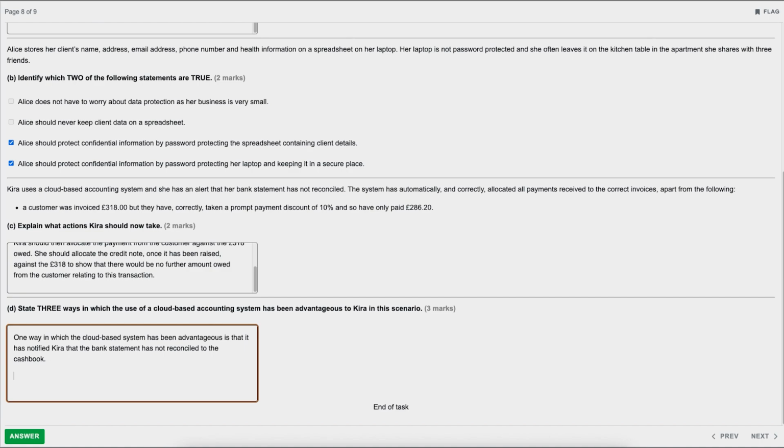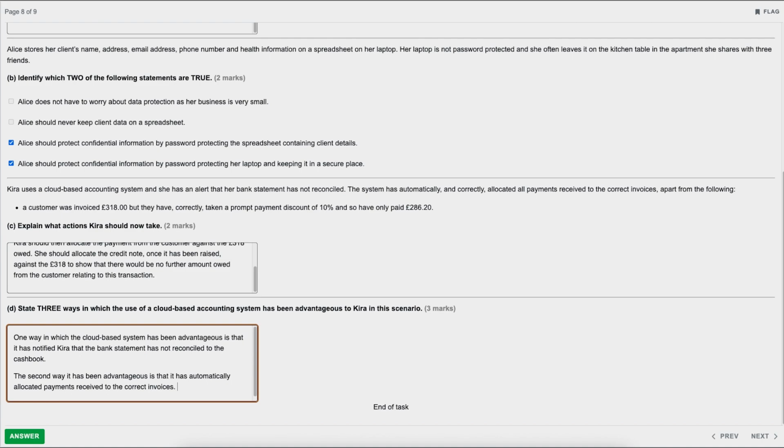So the system has automatically and correctly allocated all payments received to the correct invoices. Okay, so the second way it has been advantageous is that it has automatically allocated payments received to the correct invoices, meaning that she hasn't had to do it.